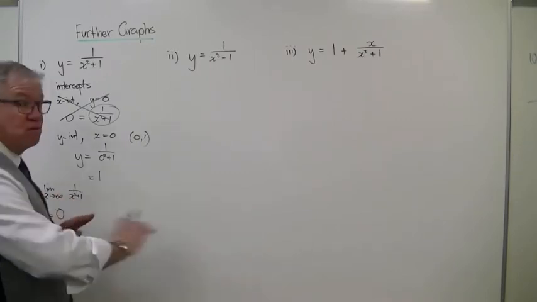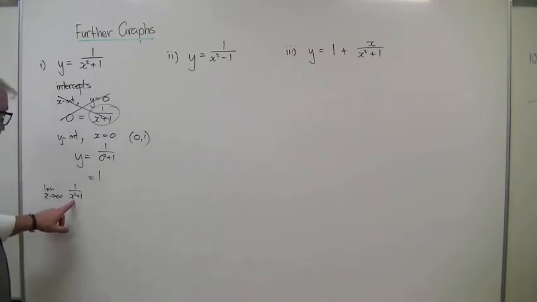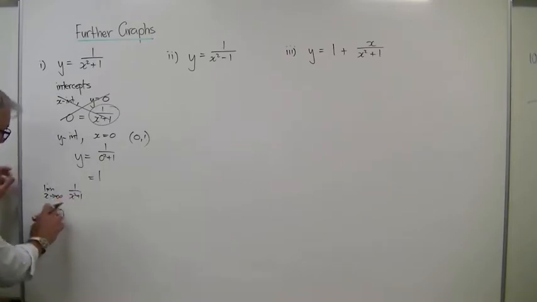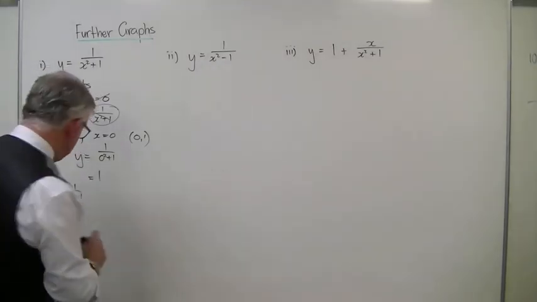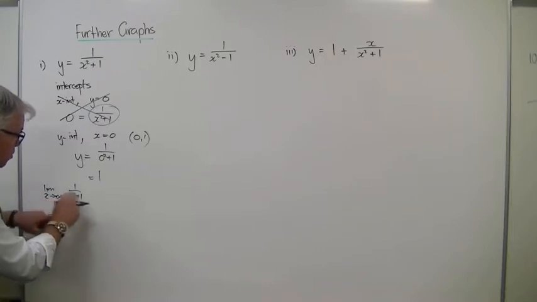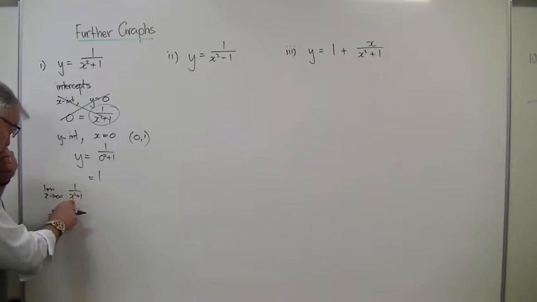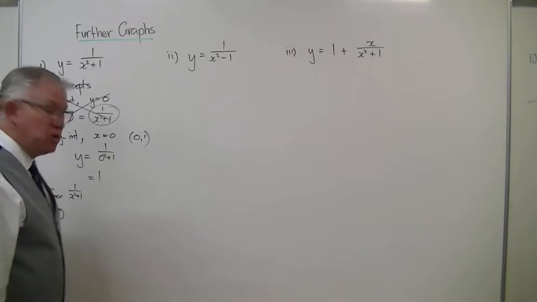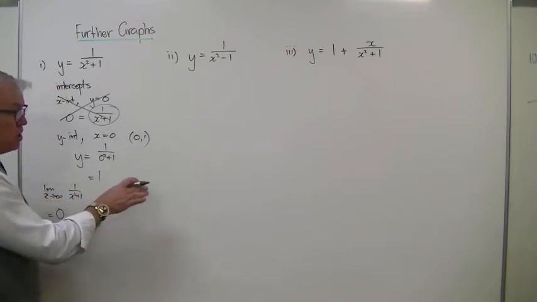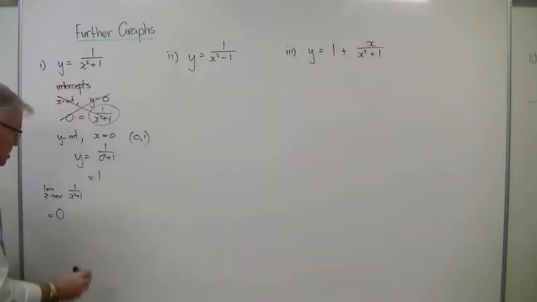It'll be a slightly positive thing. As we go along the x-axis in the positive direction out to infinity, this whole number in the bottom will be 1 plus a very large number. So it'll make this whole thing very small, and we'll be approaching the x-axis from above the x-axis.